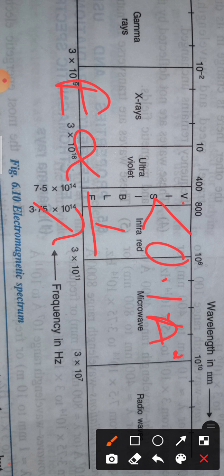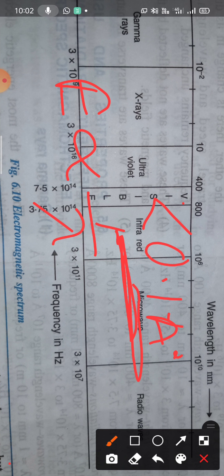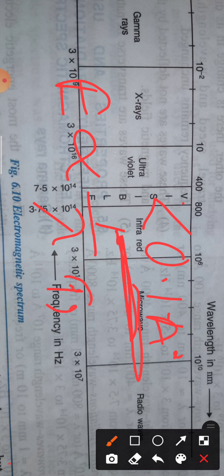Gamma rays have the lowest wavelength, so the highest amount of energy, which means the highest penetration power. That's why gamma rays are used for treatment of cancer cells. Using gamma rays, you can kill the cancer cells. So the use of gamma rays is treatment of cancer and tumors.